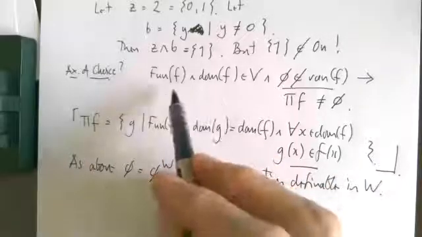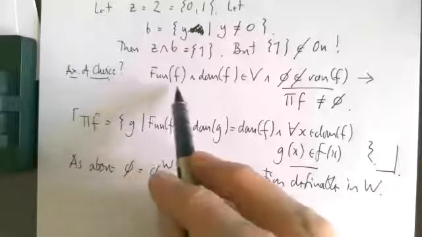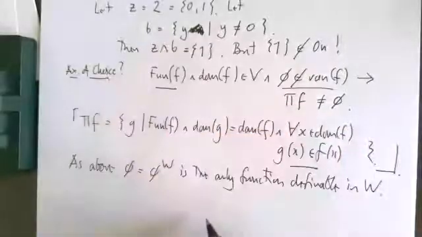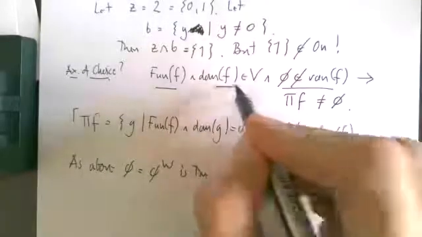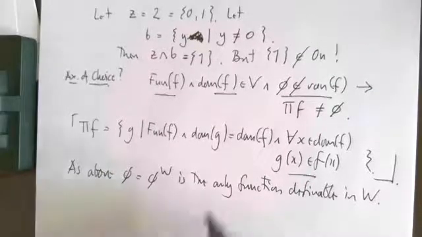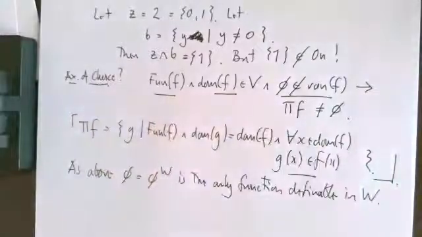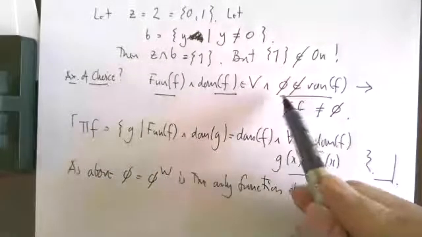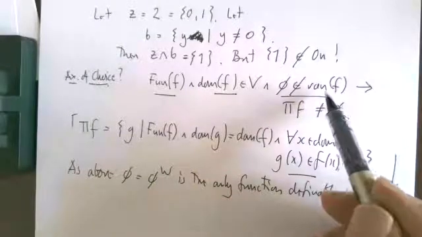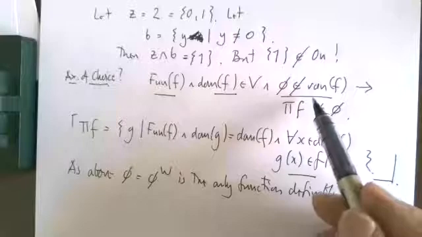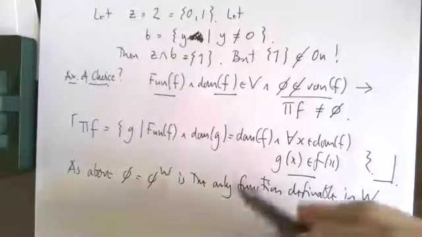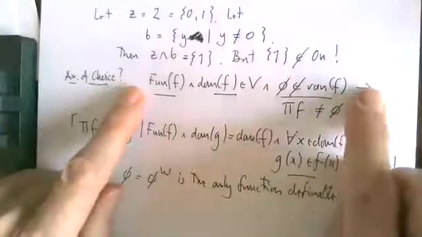Okay, I think it's fine. So the empty function is indeed a function. Its domain is trivially the empty set, so that's 0, that's in our universe. And indeed, 0 is not in the range of the empty function. There's nothing in the range of the empty function. In particular, 0 is not in the range of the empty function. So actually, with the empty function, this is all true.